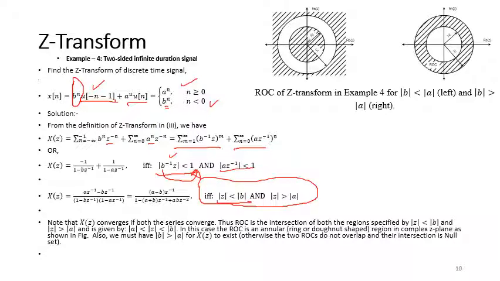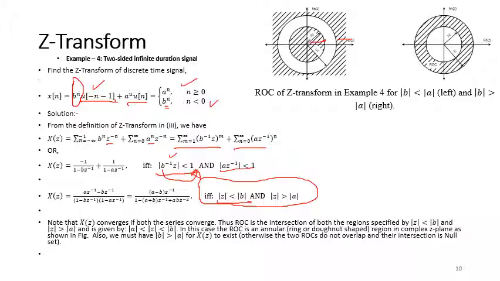So for the left-sided sequence, this is the region of convergence, right? And for the right-sided sequence, this is the region of convergence, right?